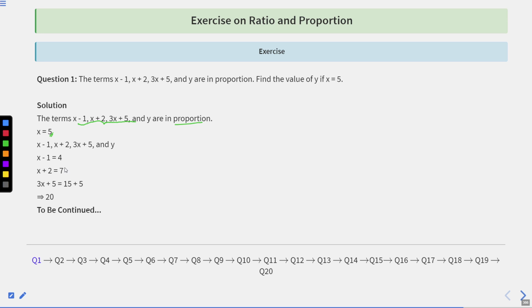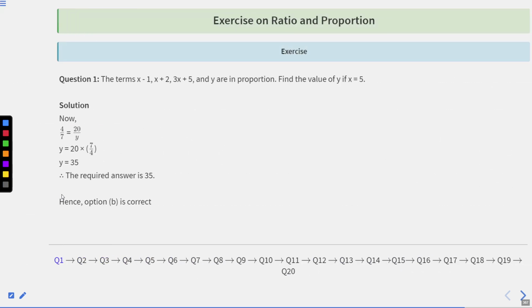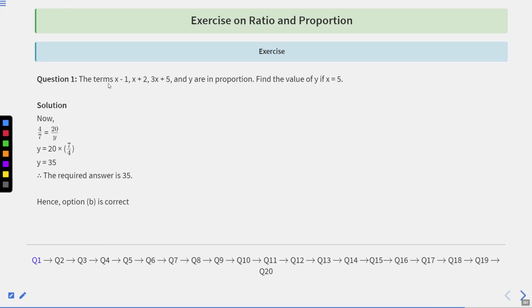So let us first obtain the values of x minus 1, x plus 2 and 3x plus 5. x minus 1 will be 4, x plus 2 will be 7 and 3x plus 5 will be 20. Now it says these numbers are in proportion. That means 4 upon 7 is equal to 20 upon y. That is given to us when they say it is in proportion.